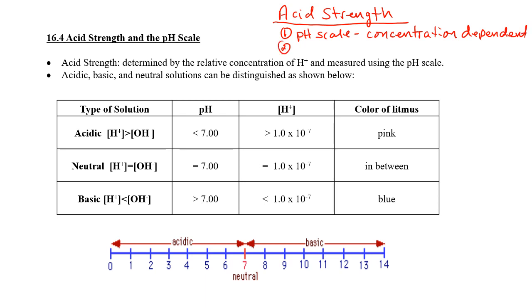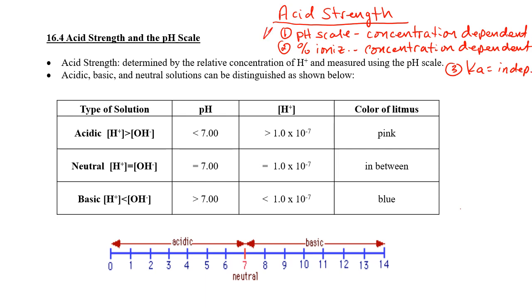Two, we can use percent ionization, which is also concentration dependent. And third, we can use the Ka value for an acid, and that is independent of concentration.